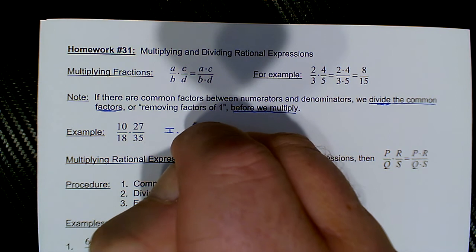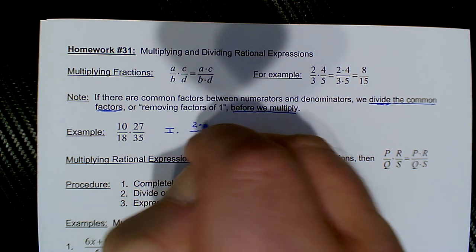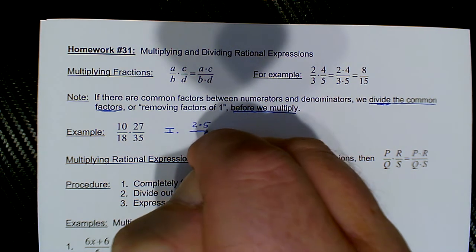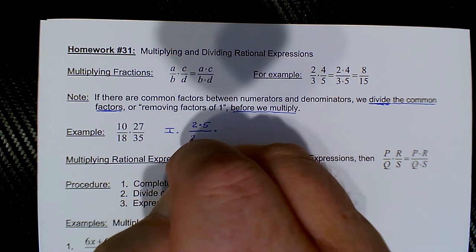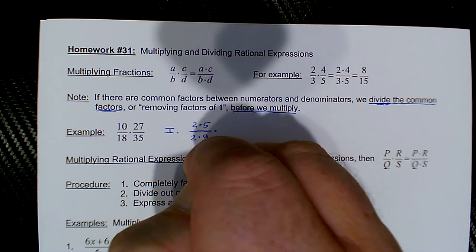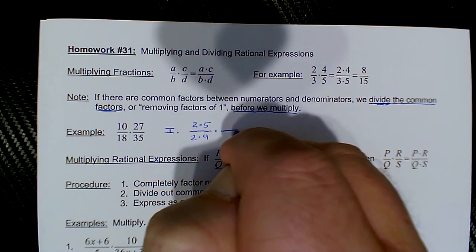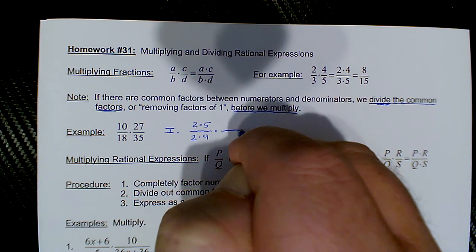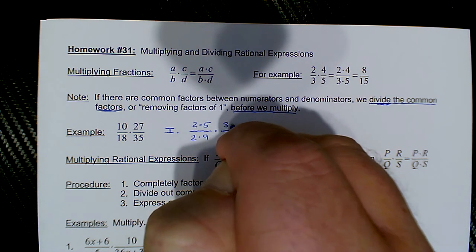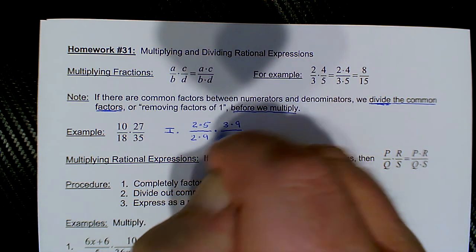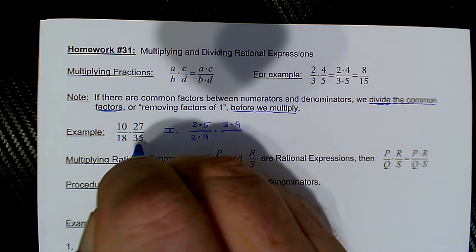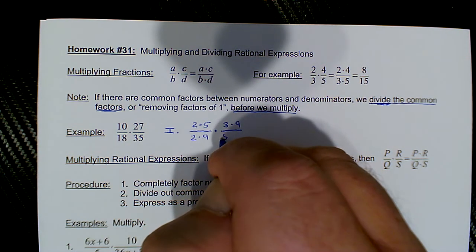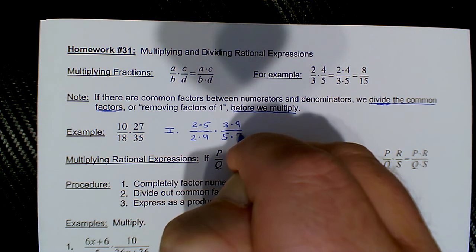For example, there's only one way to write 10, 2 times 5, and I'm going to choose to write 18 as 2 times 9 because 27 can be expressed as 3 times 9. So 9 is a common factor between those two numbers. And then similarly, 35 can be expressed as 5 times 7.